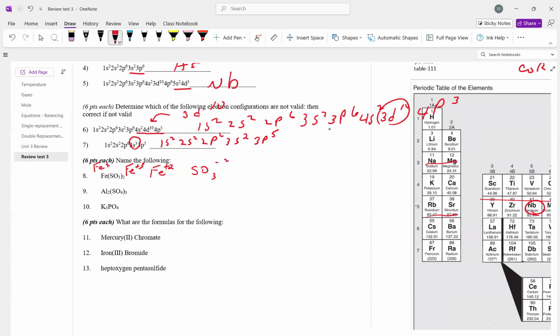If you look down your common ion chart, which I'm going to give you for the test, you'll find that iron comes in three flavors, plus 1, 2, and 3. Sulfite, SO3, you'll notice it's -2 only. And we have 2 of them. That means the sulfites are -4.